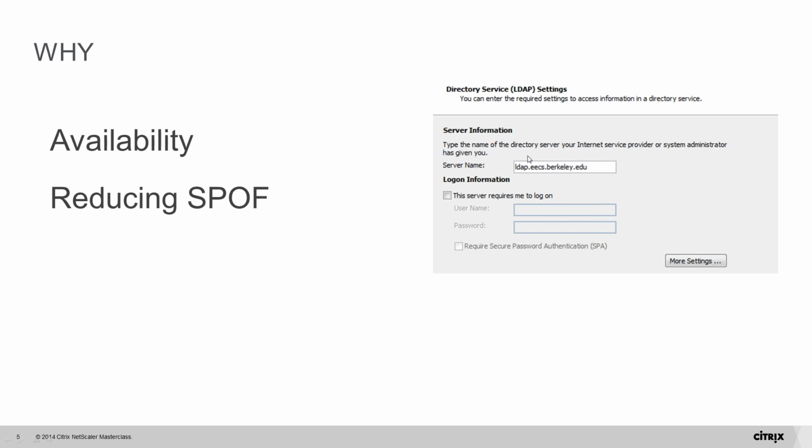We can use NetScaler to actually provide load balancing or redundancy. So I can do kind of active-passive type of load balancing here, where I can have a primary LDAP server and a secondary. And if the primary goes down, then I fall back to the secondary. I can set this up, and that's very important for reducing single points of failure.